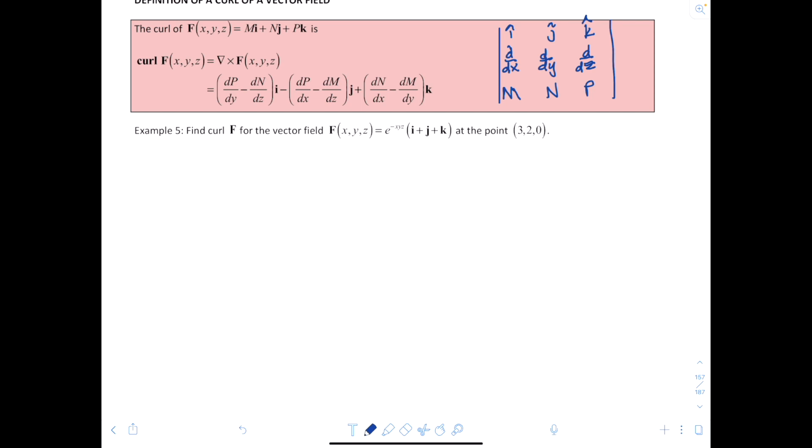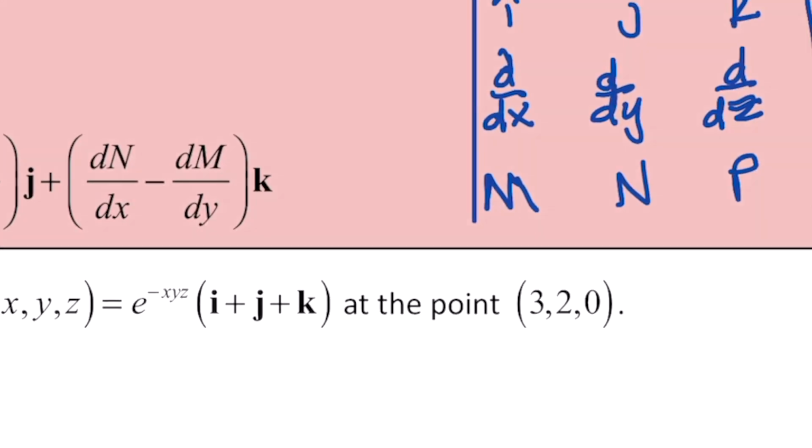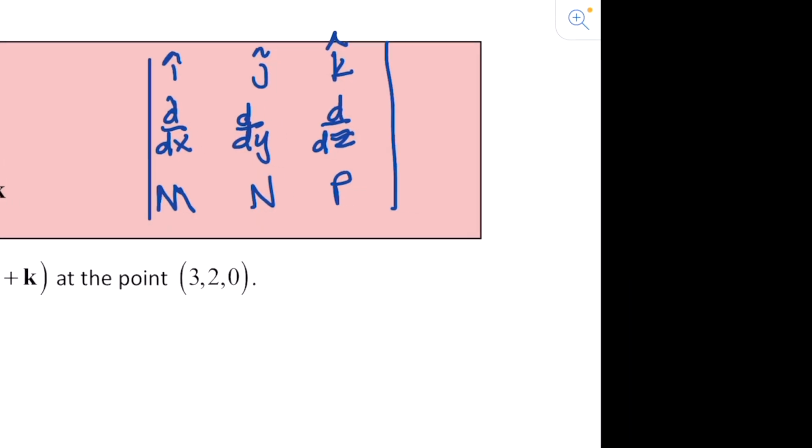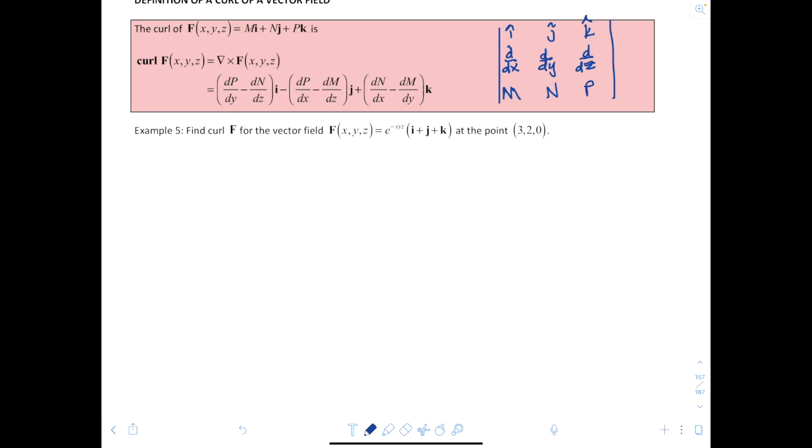F of x, y, and z is e raised to the negative xyz times i plus j plus k at the point (3, 2, 0). Do you see, fortunately, that M equals N equals P, because that e to the negative xyz is factored out, so they're all equal to e to the negative xyz.